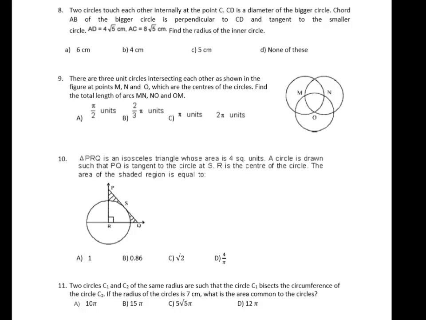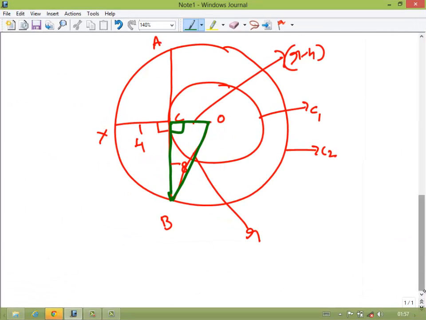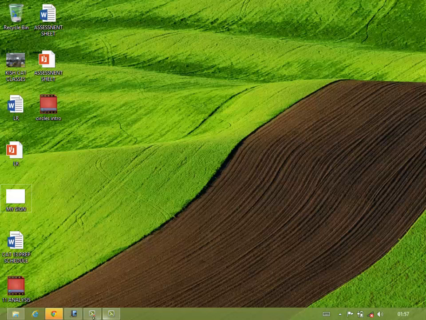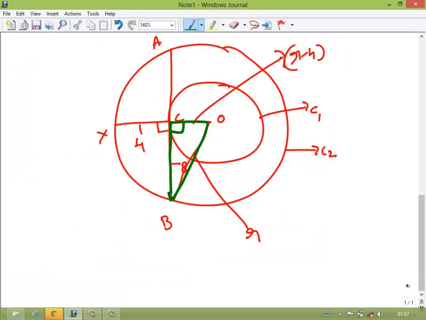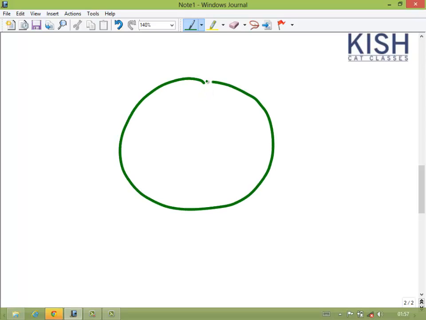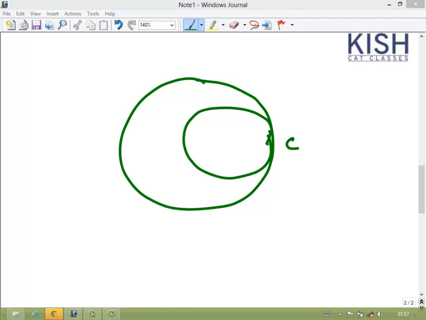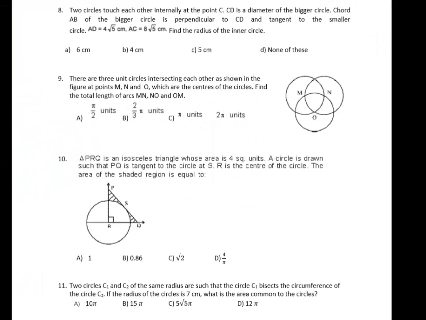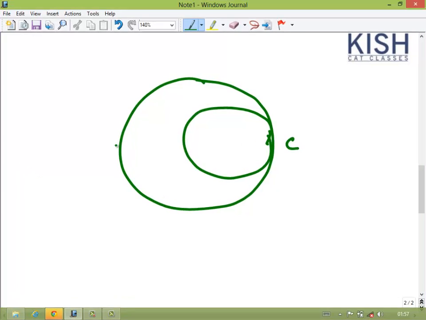Two circles touch each other internally at point C, so just draw two circles. Circle 1 and then circle 2. It touches this one at C. CD is the diameter of the bigger circle, so you just need to draw this: this is CD, the diameter.